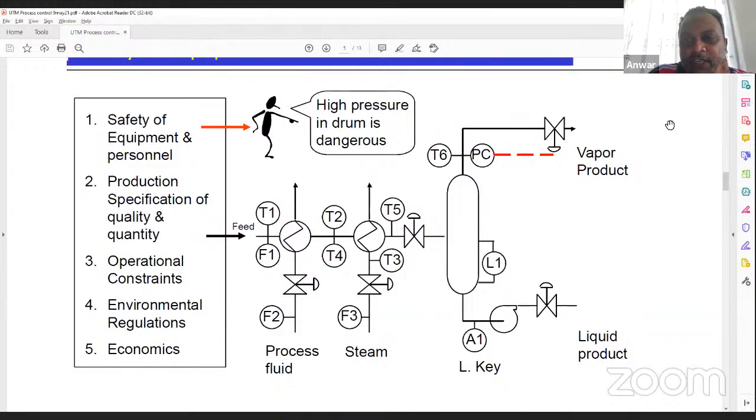From this case, you have a control valve linked into the pressure control system.